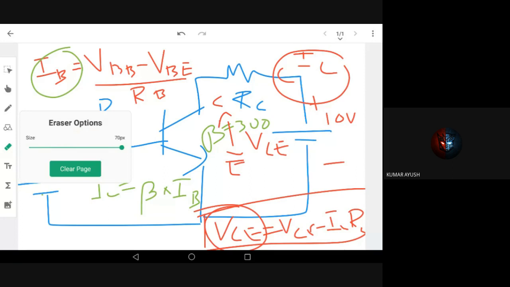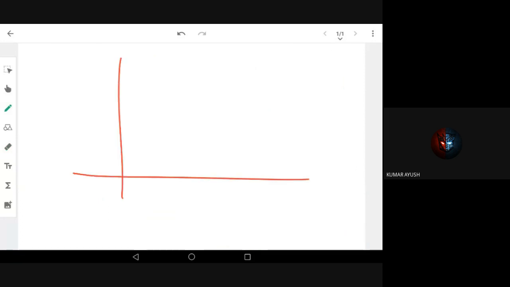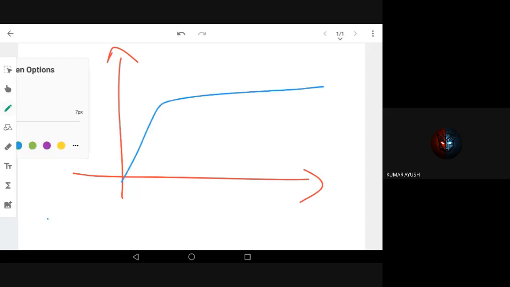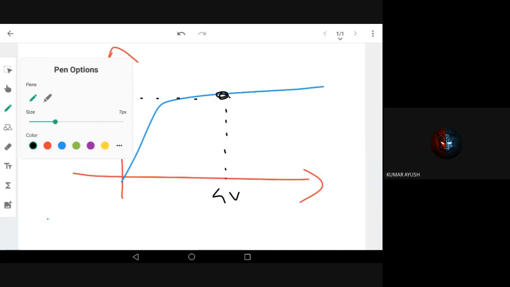From this, we can right now tell at what point my transistor is operating. Here I plot my Q point. This point is 4 volt and 3 milliampere. So this is my Q point. What's important about the Q point? Based on this point, my output is going to fluctuate.